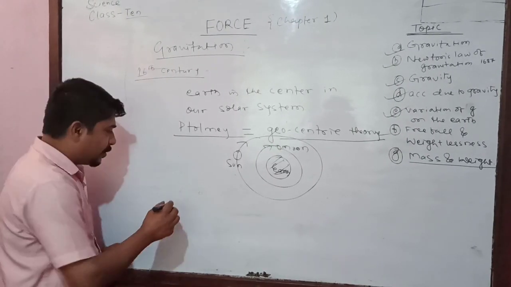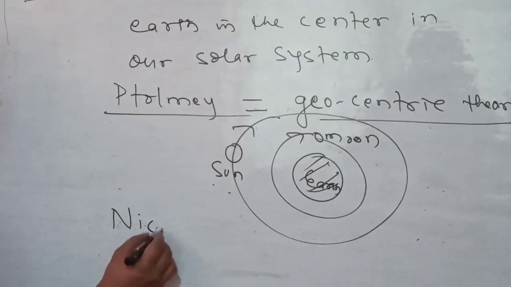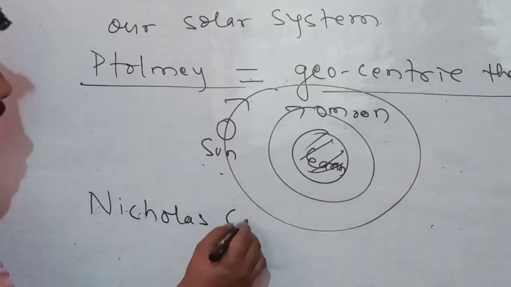In the 16th century, there was a fine scientist, a very important scientist, Nicolaus Copernicus.